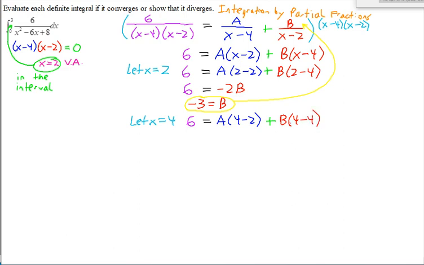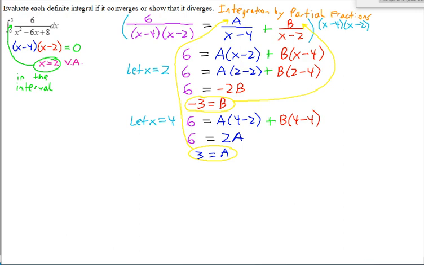Again, that wipes out the b's there, 0b, and then we get 6 equals 2a. And divide by 2 gives us a equals 3. So here they are opposite values, but that's not always going to be the case. They're not always opposite with partial fractions here. Just happens to be on this particular problem.